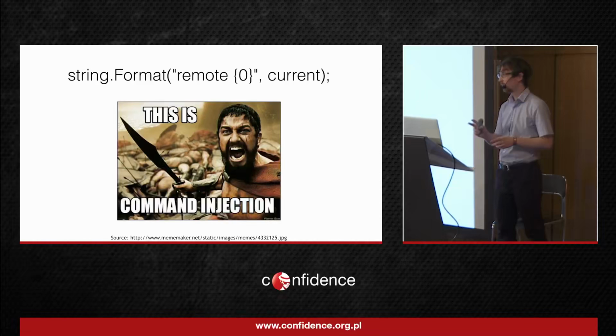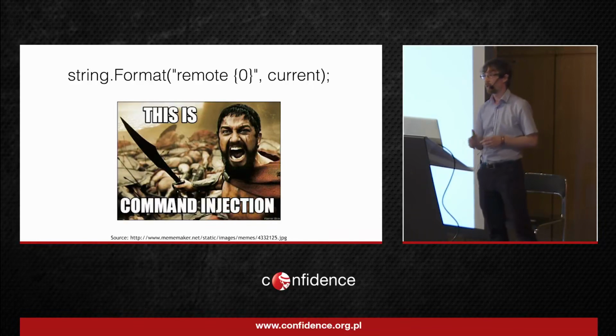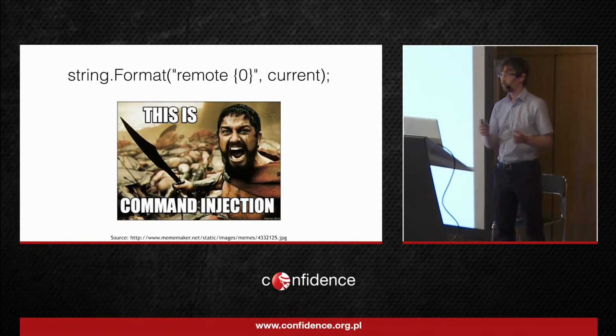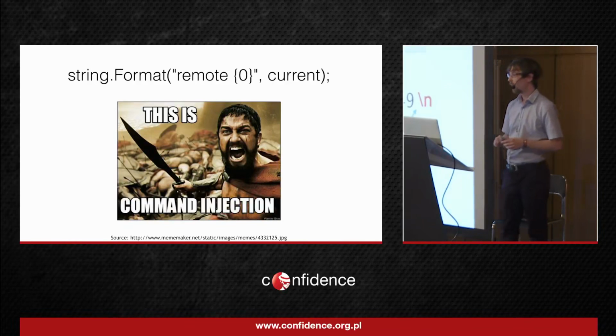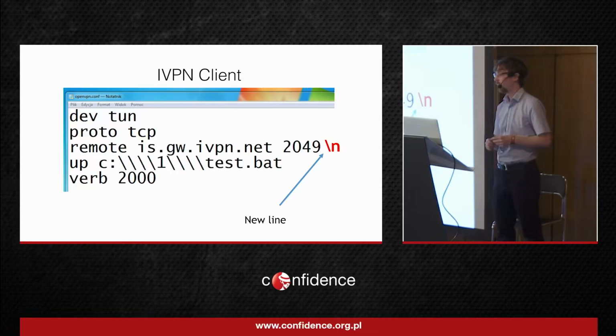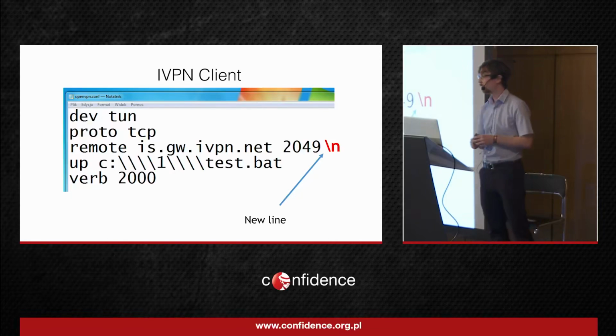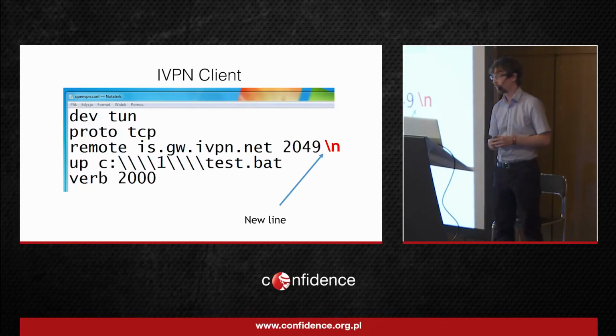There are two ways of passing something to OpenVPN. The first one is using the command line, as I gave you an example previously, and the second one is a configuration file. So we store every config inside the configuration file, and we pass only the path to the configuration file to OpenVPN.